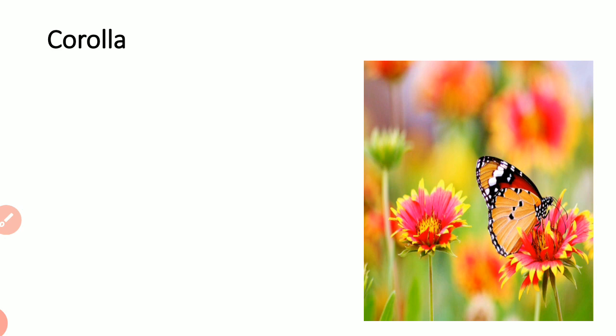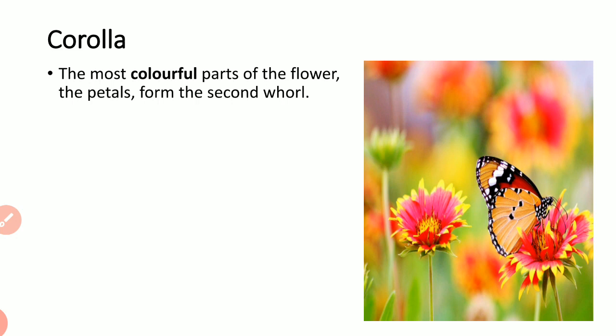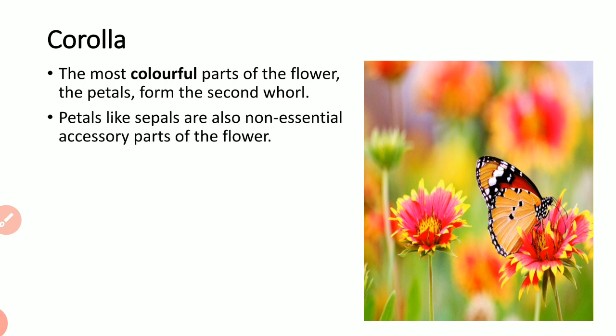Okay, because insects and butterflies are attracted towards the flower because of its wide variety of colors, and that is helpful in the pollination of the flower. The most colorful part of the flower is the petals, from the second whorl. It is the second whorl from the outer region. Okay, it is the most colorful part of the flower.